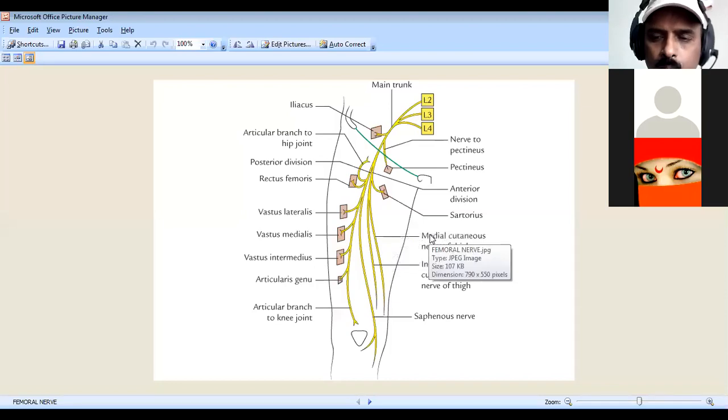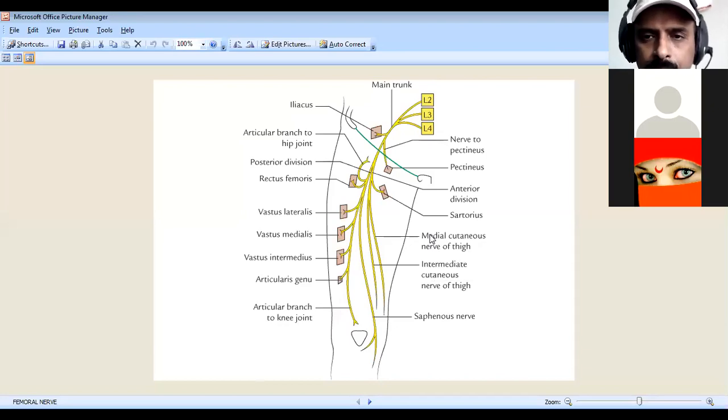The most important nerve, for which short notes are asked, is the obturator nerve and all. So in this you have to know. The femoral nerve is the main nerve of the front of the thigh region. It supplies the front of thigh muscles.